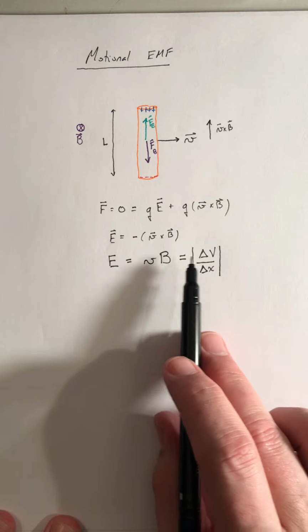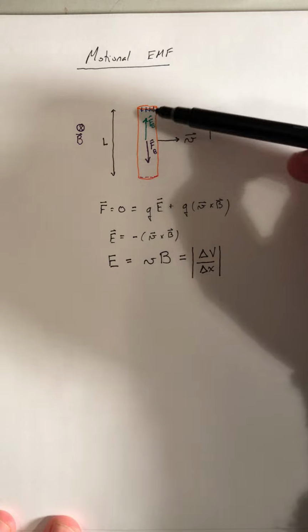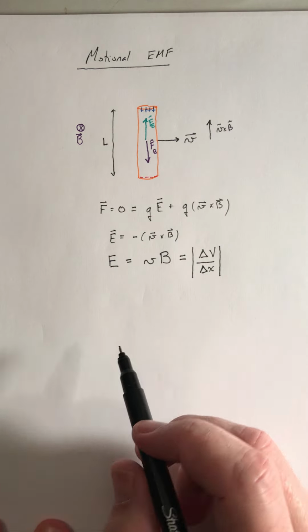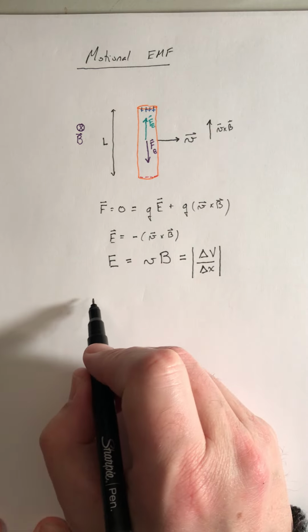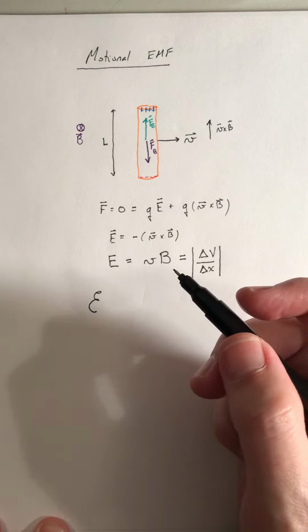This tells us, thinking of this potential difference across the two ends of the conductor, we think of that delta V as an EMF.